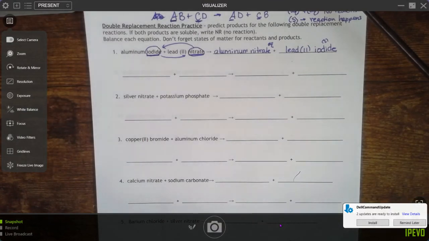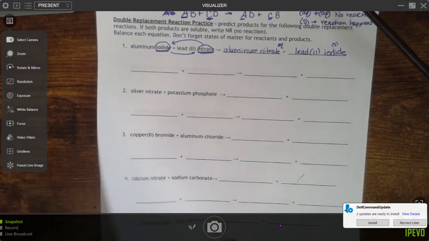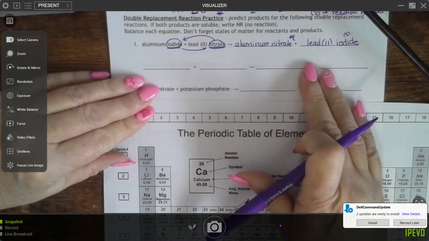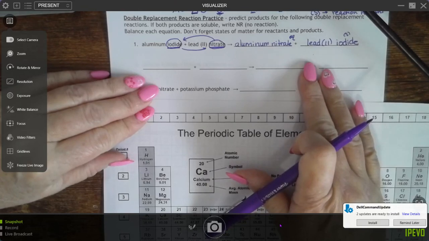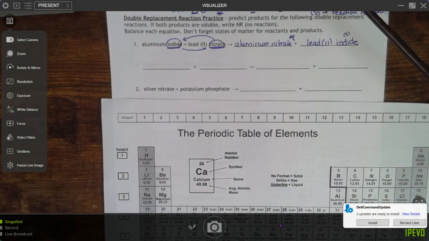Okay, so now we need to look at these compounds, and we have to write formulas for them. All of these compounds are going to require us to look at the charges on the periodic table and crisscross to get the subscripts.